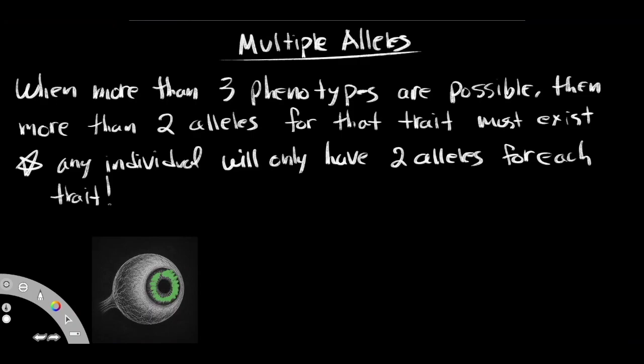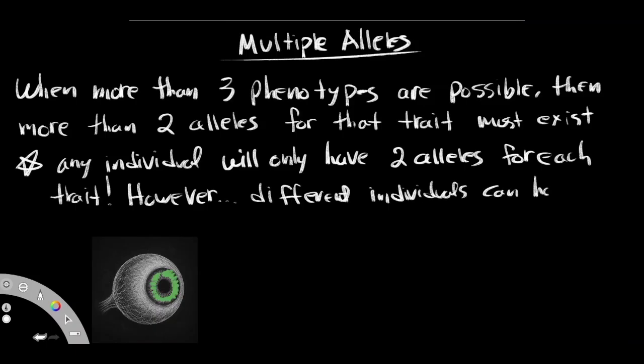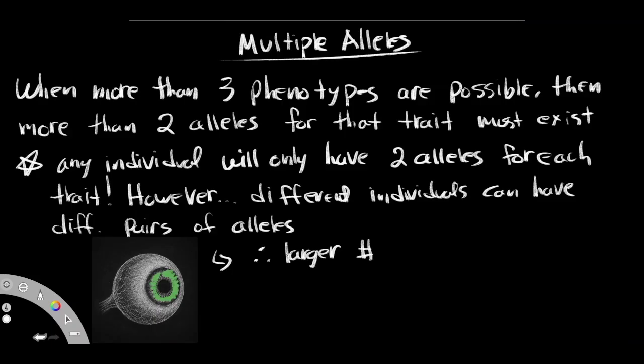However, different individuals can have different pairs of those alleles. So they can be mixed and matched a little bit differently. What is this going to result in? It's going to result in a larger number of possible genotypes, and of course a greater variety of phenotypes too.